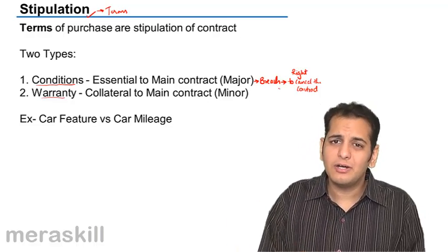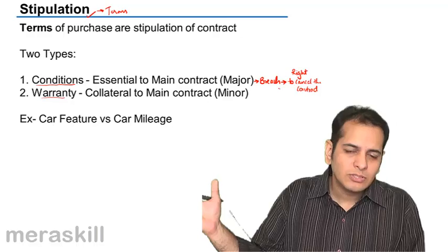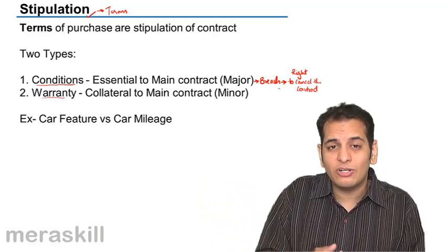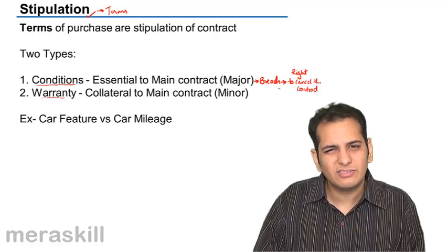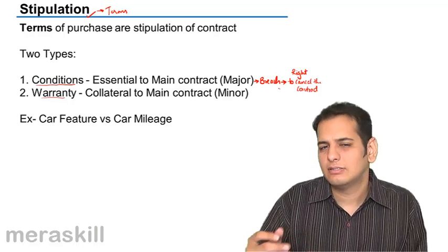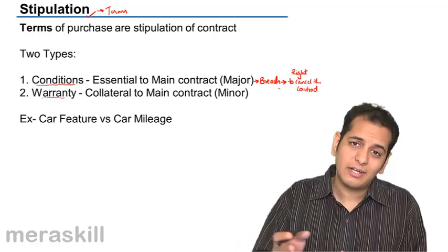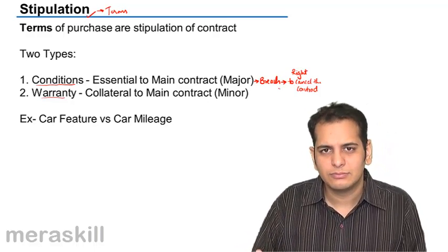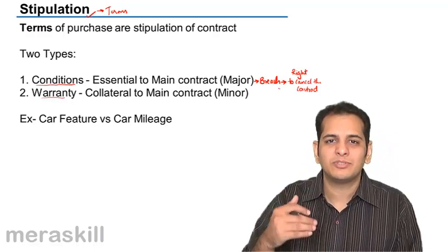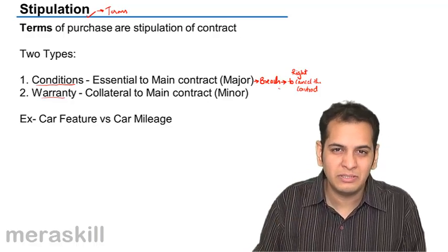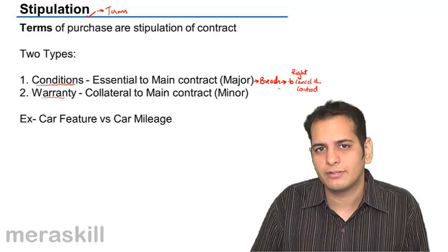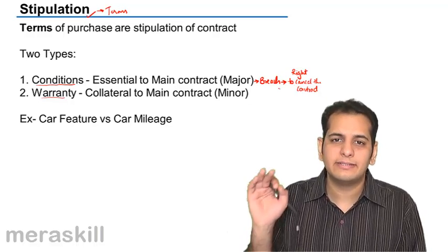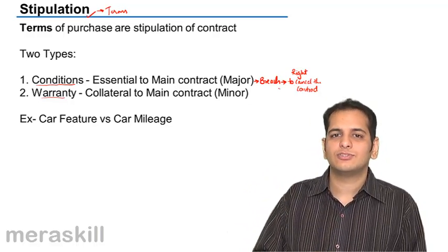However, if the term is not major, it does not defeat the main purpose of the contract, then such a term is called a warranty. When a warranty is breached, you can only claim the damages. Whatever loss you have incurred, you can claim that, but you cannot cancel the contract. You can only cancel a contract in case of breach of a condition.